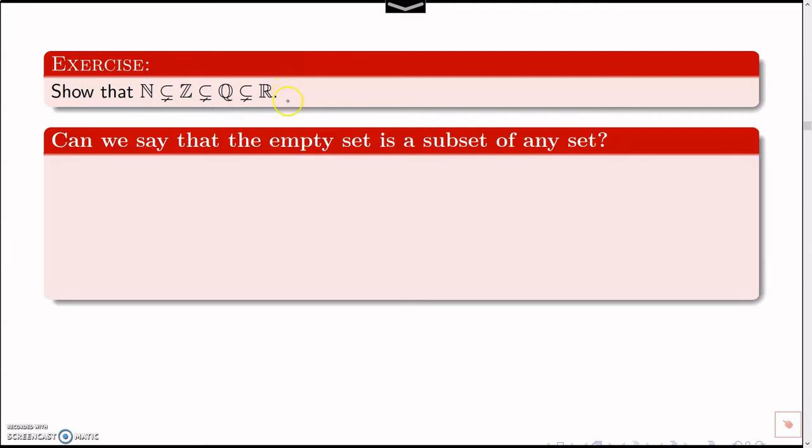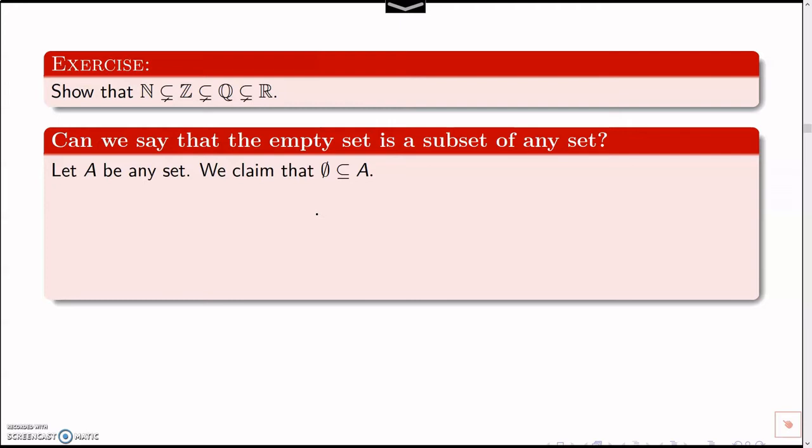Now, can we say that the empty set is a subset of every set? Will it be fair enough to say that the empty set is a subset of any set? Supposing A is any set. What we claim is the empty set is a subset of this set.